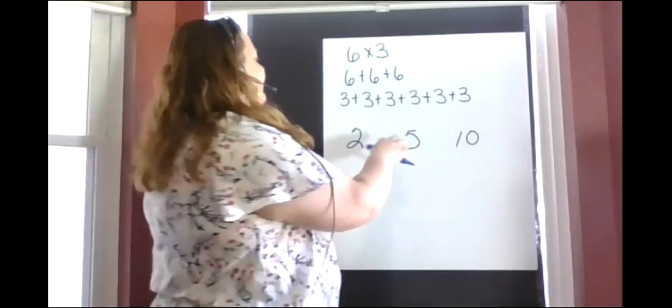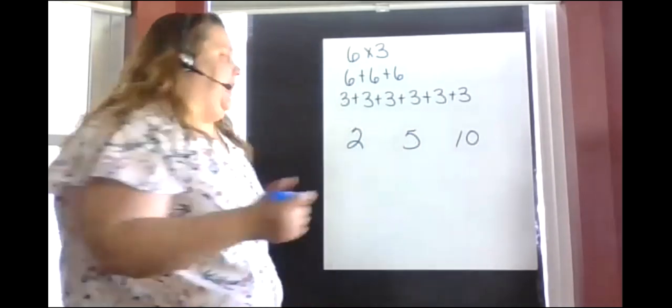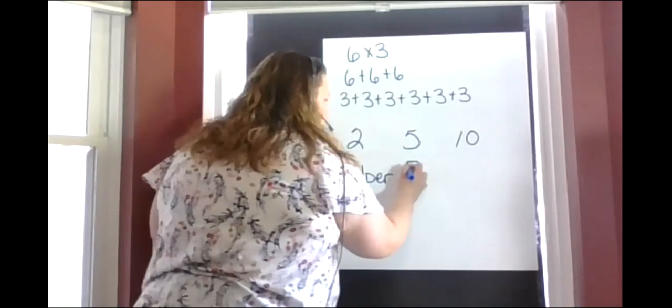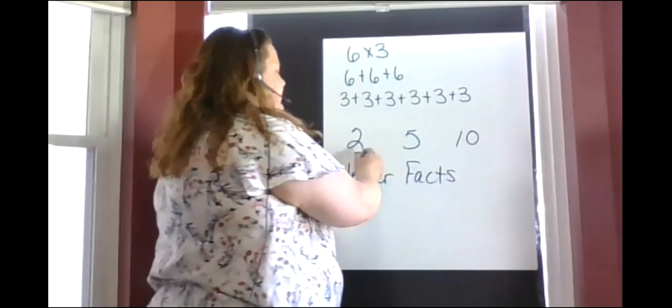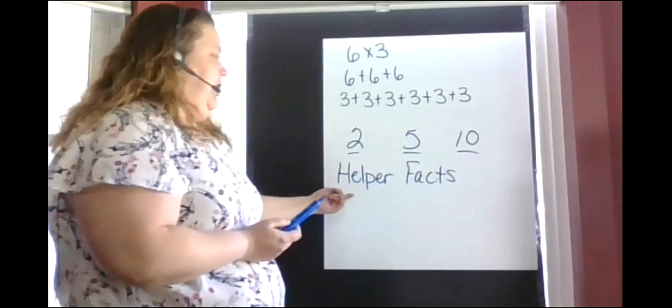And once they have some facts built down, they actually will use these facts as helper facts. And most likely, they're going to use these 3 numbers and the facts that these are based on as their helper fact.